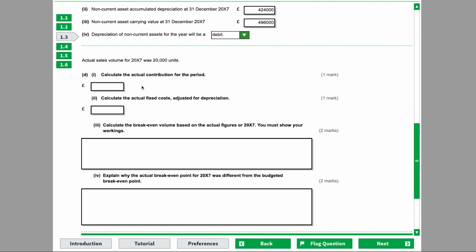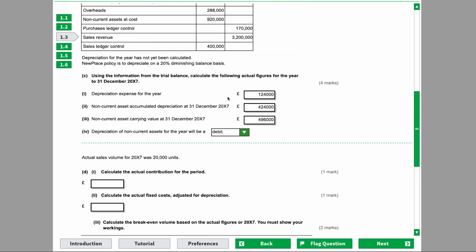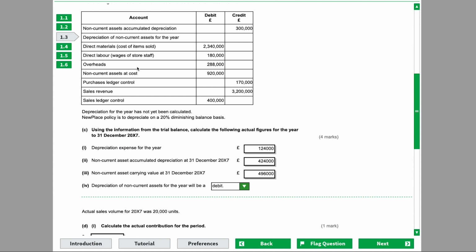So to answer this, we'll need to scroll back up and have a look at our trial balance again. So remember, to calculate our contribution, we do our sales less our variable costs. So in this example, it would be the sales revenue of 3.2 million minus our variable costs.